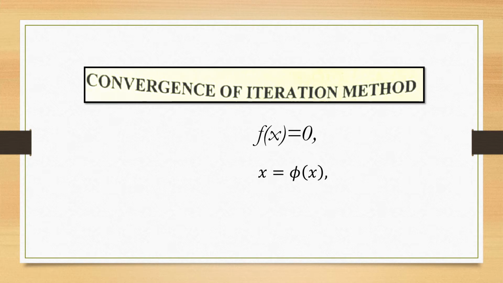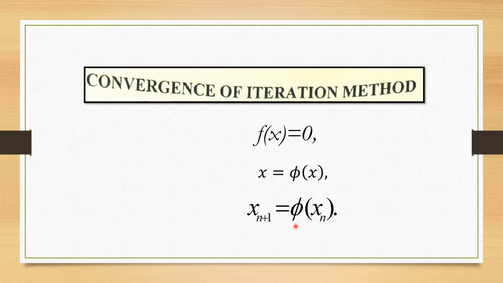We can easily change the form of f(x) = 0 into x = phi(x), and later on we can generate an iterative method x(n+1) = phi(x(n)) to find the solution of the given equation.